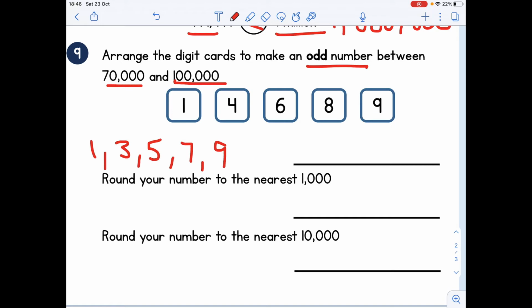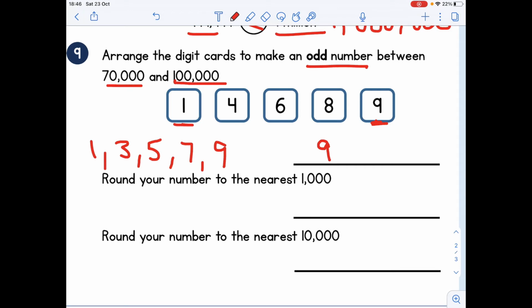Okay, so I can use the digit cards 1 and 9 to end my number, but I need to be careful that my number needs to be between 70,000 and 100,000. So I can't put 1 first of all, because that would make the number less than 70,000. So I'm actually going to put 9 as my first number, and then I can put the numbers in any order I like.